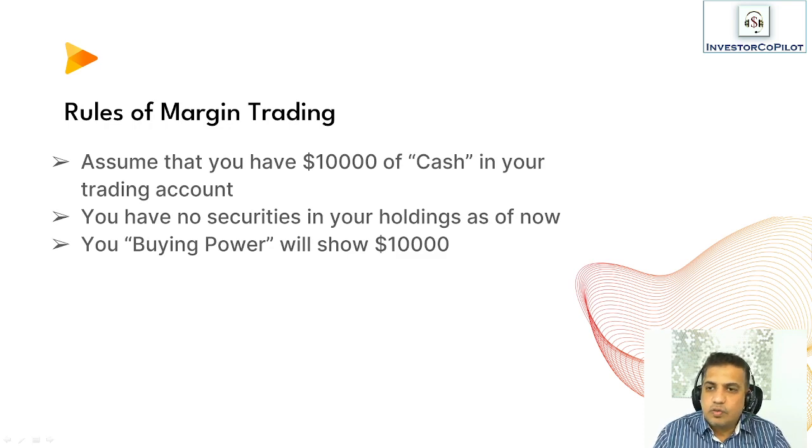Now let's look at rules of margin trading. Let's start with the vanilla clean scenario. Assuming that you have $10,000 of cash in your trading account and you have no securities in your holdings as of now, which means you have not placed any orders, you have not made any purchases. In this scenario, your buying power on your trading account will show $10,000.